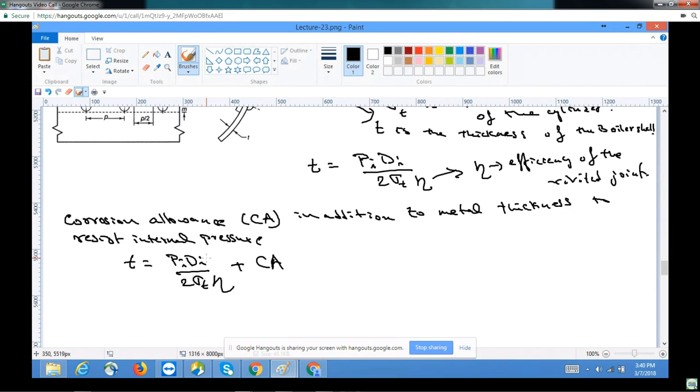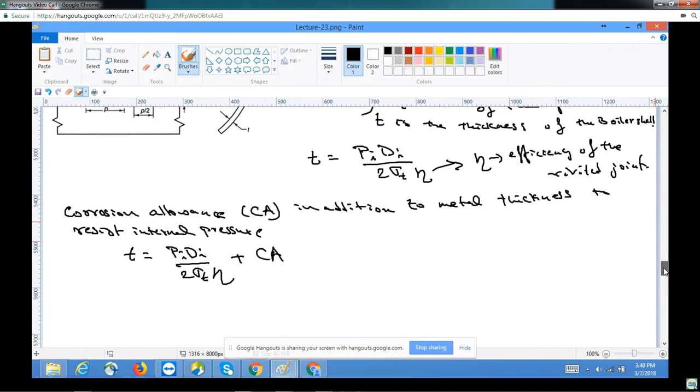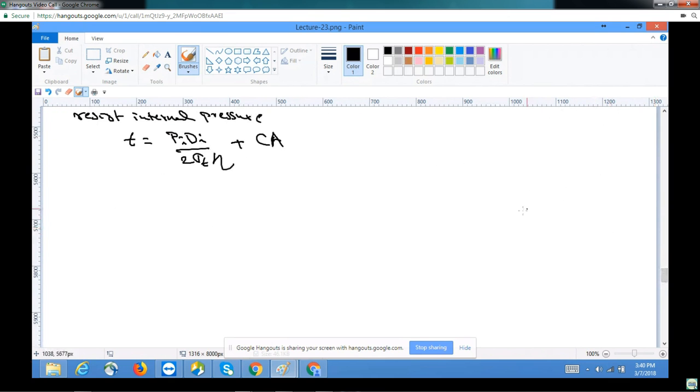Your CA is the corrosion allowance. The efficiencies as well as these values have certain guidelines to be followed, which we will give you. For example, the efficiencies depend upon the type of the joint.